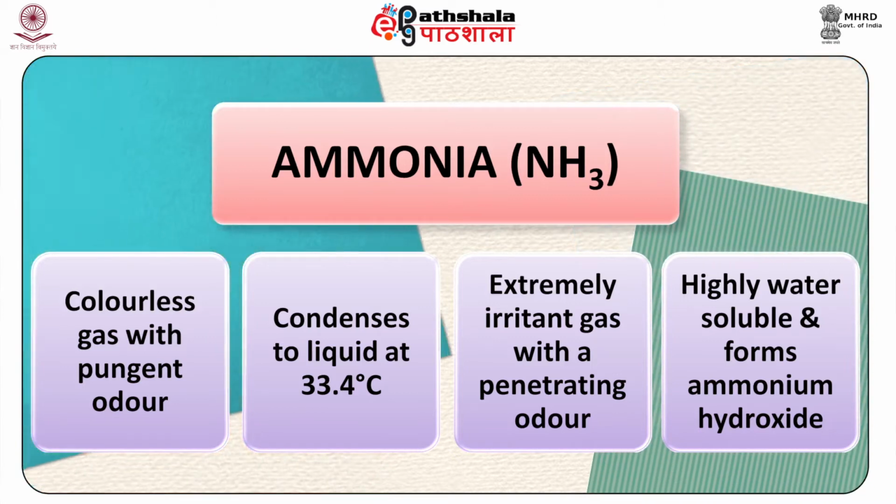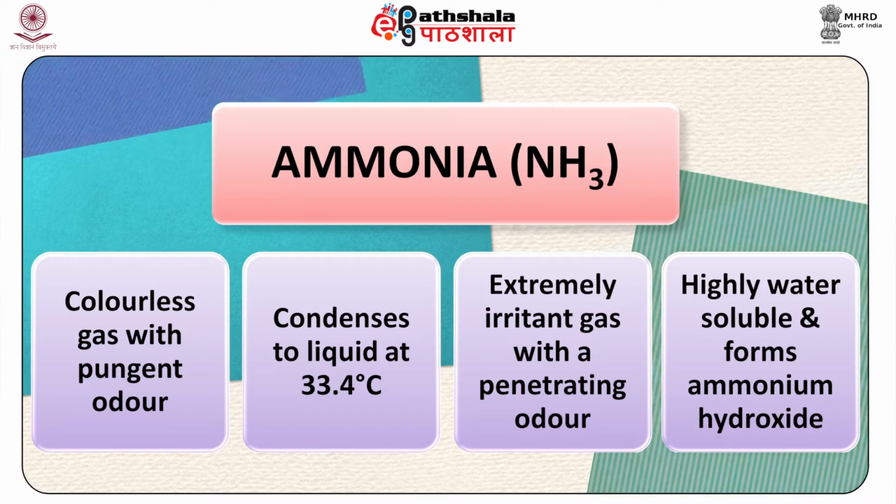It is highly water-soluble, forming ammonium hydroxide, which is an alkaline corrosive. Aqueous ammonia is a colorless liquid with a strong alkaline reaction and a penetrating pungent odor. When heated to decomposition, it emits toxic fumes of ammonia and oxides of nitrogen.